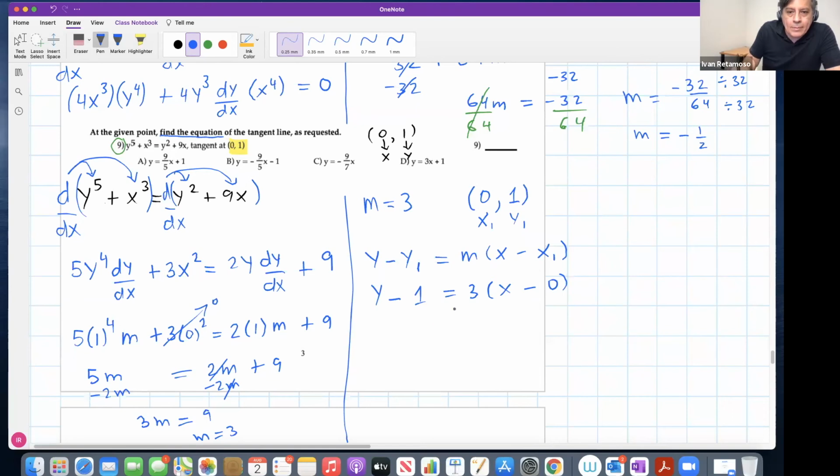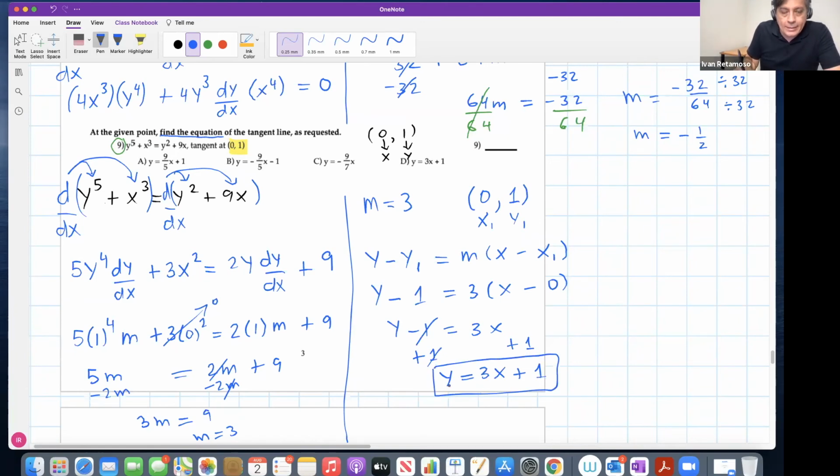This 0 disappears. Y minus 1 equals 3x. Adding 1 to both sides of this equation, we get that y is equal to 3x plus 1, right? This is the equation of the tangent line to the graph of this curve, the one represented by this equation, right?